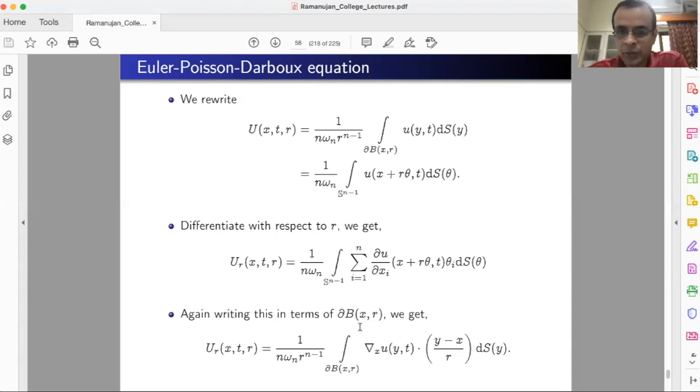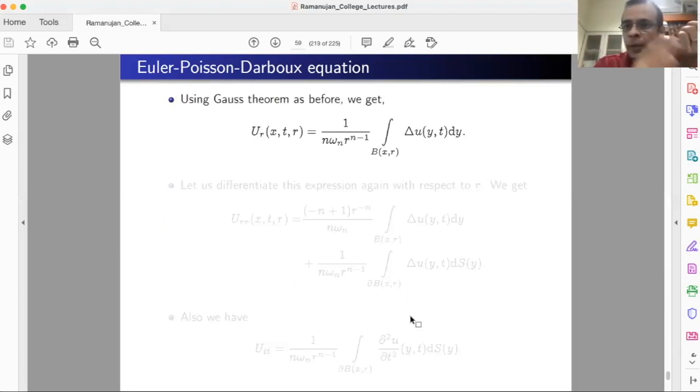But this is something that we saw before, because this looks like what we get by applying the Gauss theorem, here applied to du dxi. Therefore I have to consider the double derivative, and then I also have a sum.